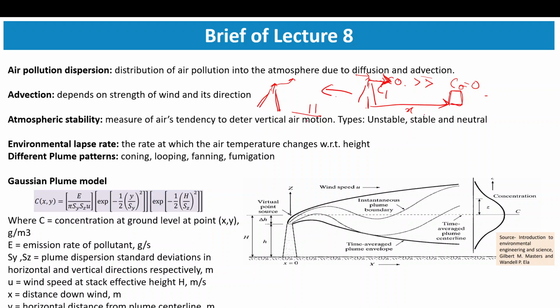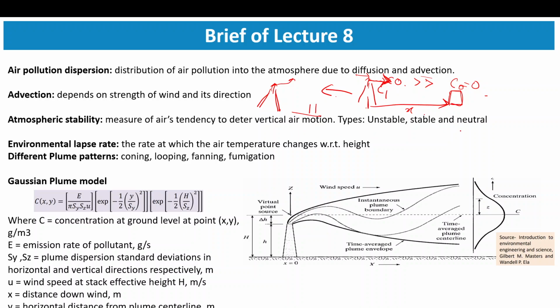So we need to learn how the air is traveling in the atmosphere, whether it is coming into contact with us or not. If it is not coming in contact, we are not directly impacted. For that we need to understand one terminology, which is atmospheric stability: the measure of air's tendency to resist vertical air motion.